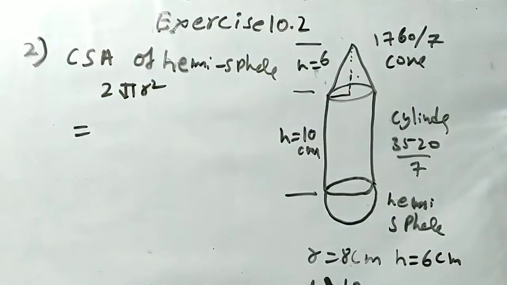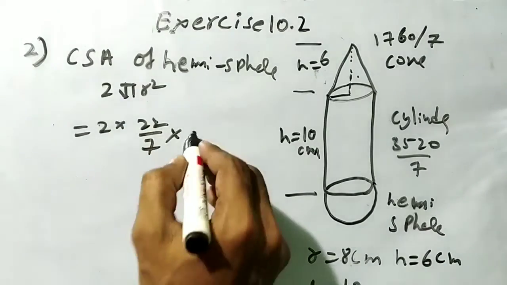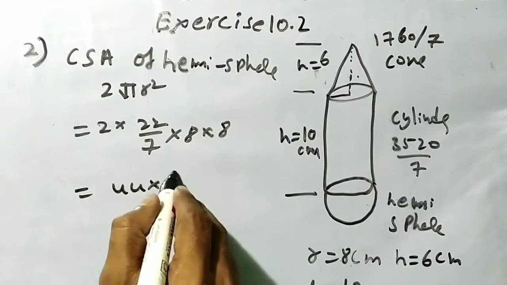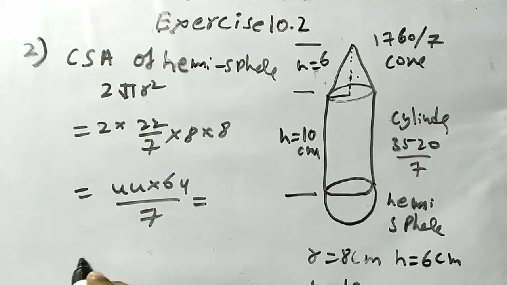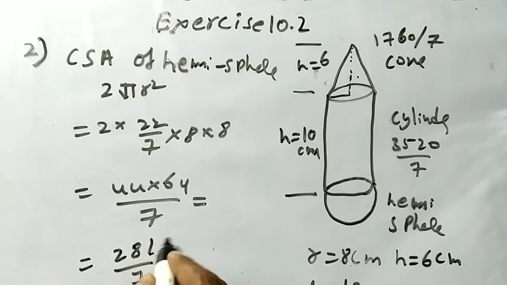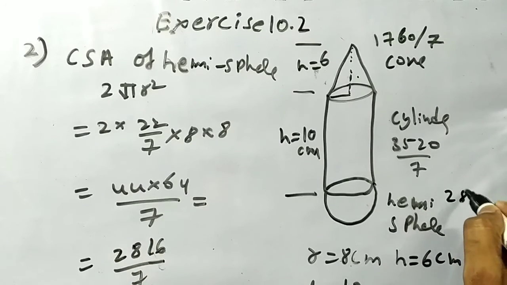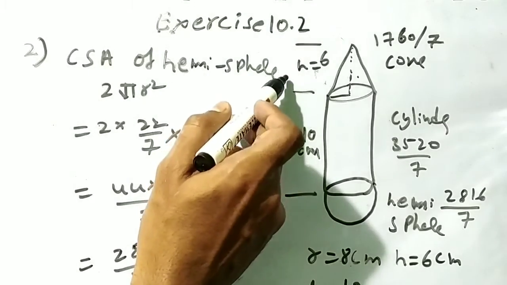So here we know r. 2 into 22 by 7 into r is equal to 8, 8 into 8. So 44 into 64 by 7, that is equal to 2816 by 7. So here I will write that, 2816 by 7. So we got all the values, that is the curved surface area of a cone, cylinder and hemisphere.